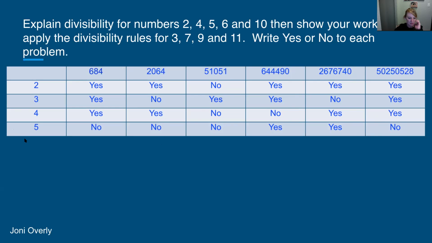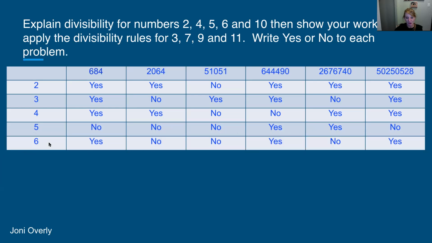Okay, so we're going to move on to our number 6. If 6 is the divisor, the number has to be divisible by both 2 and 3.